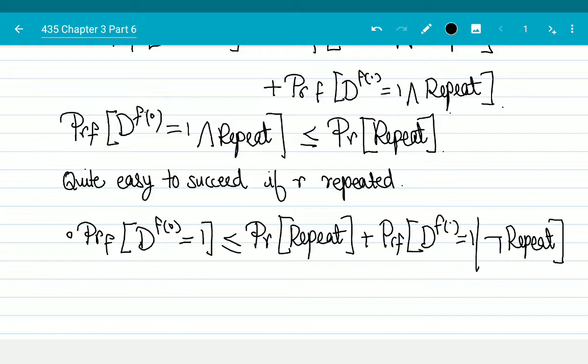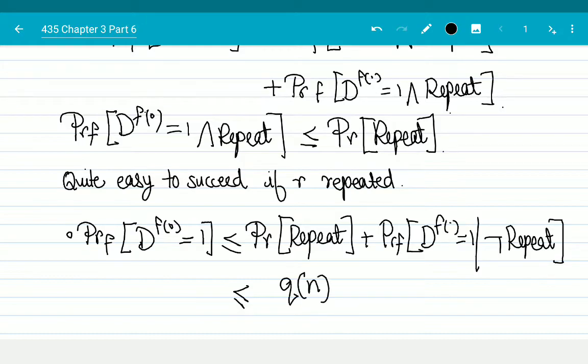Now the question is, how many times does the case happen that the experiment that R was repeated? Well, we made q of n queries, right? And the total number of R's possible is 2 to the n.